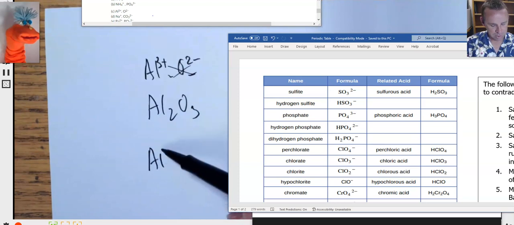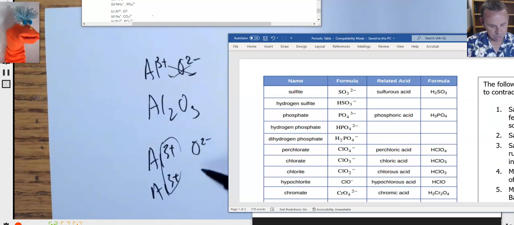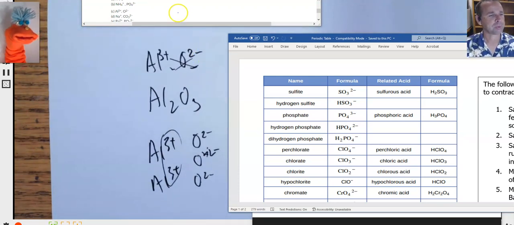But Al 3+, Al 3+, two of those gives me +6. O 2-, O 2-, O 2-, three of those gives me -6. Okay, good. And that compound's name, do you have any idea? Aluminum oxide. That's right, good.